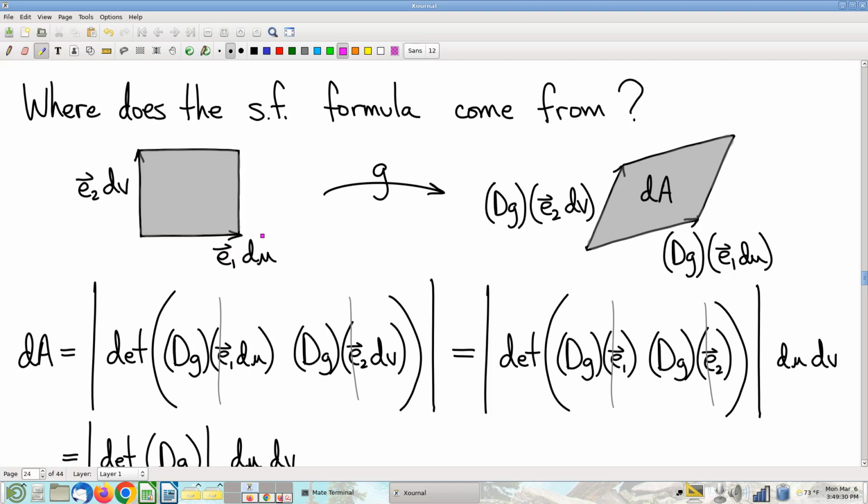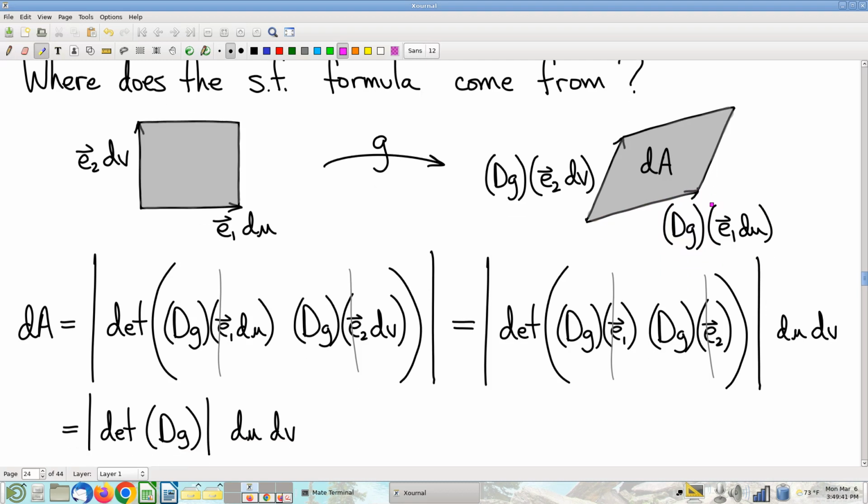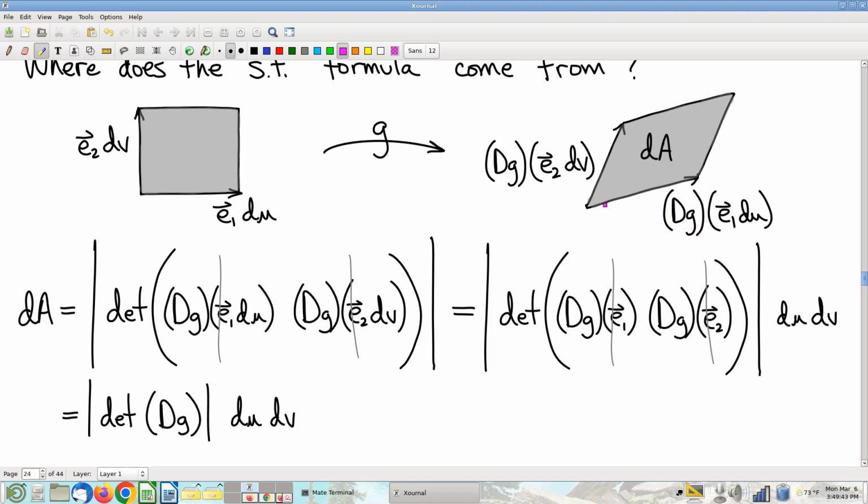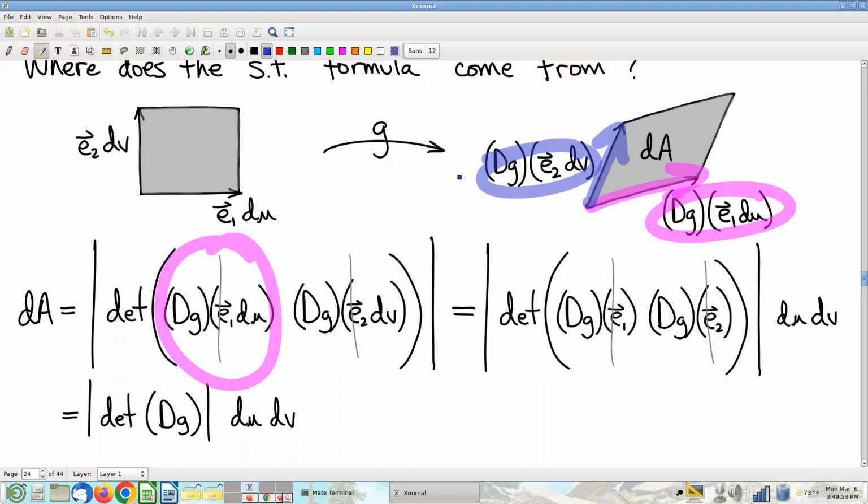And that makes this vector dg times E1 du. Everybody on board? Okay. All right. So, cool. I know this vector is this thing, which has this formula. And let's see here. Analogously, this vector has this formula.